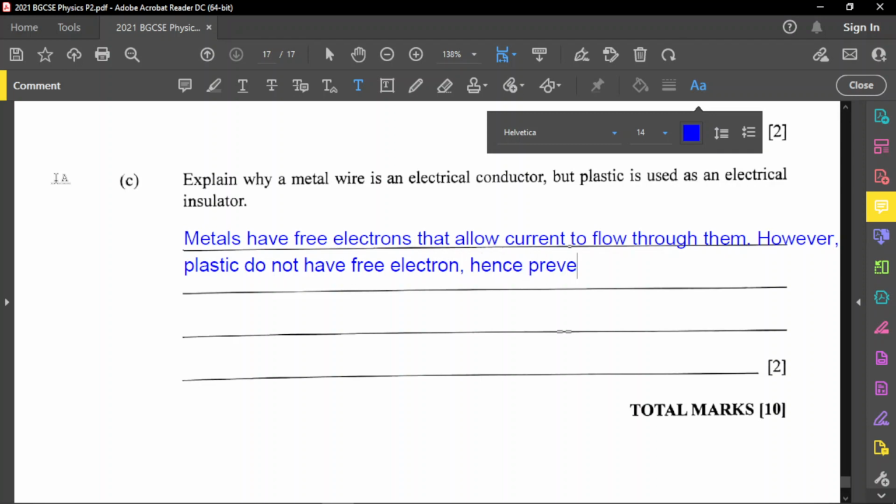Hence, it prevents the flow of electrons, the flow of current. Or I can say it opposes the flow of current, so it does not allow current to flow through, because current is a flow of electrons. And therefore, since current cannot flow through plastic, it is an insulator. And of course, metals have free electrons, so they will allow current to flow through them.